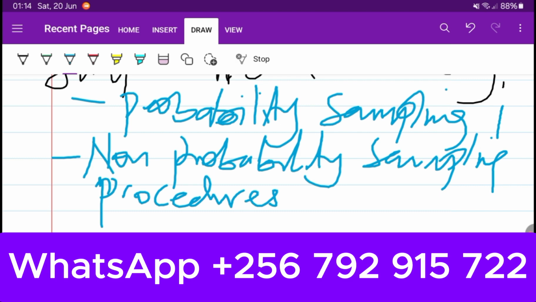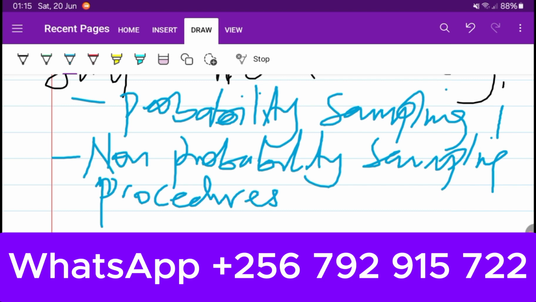So what we need to understand before we go into a deeper analysis of the probabilistic and the non-probabilistic sampling procedures is why we really need samples.